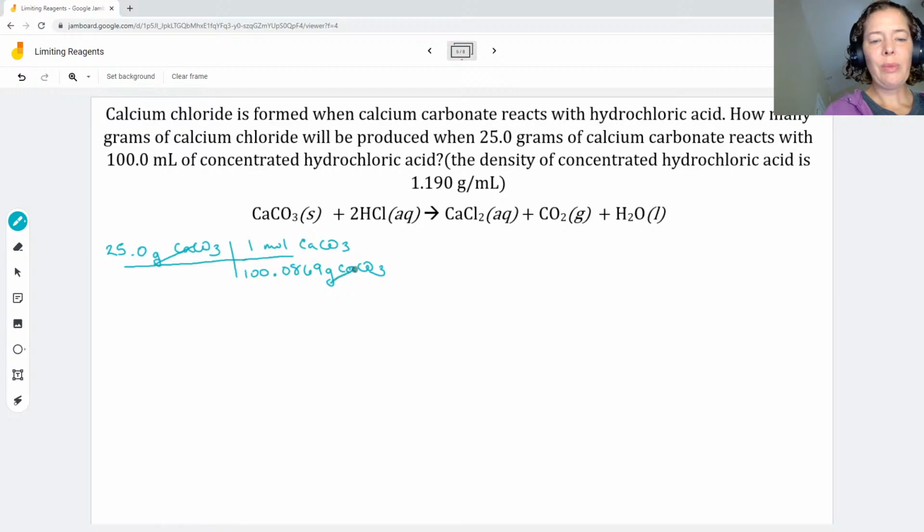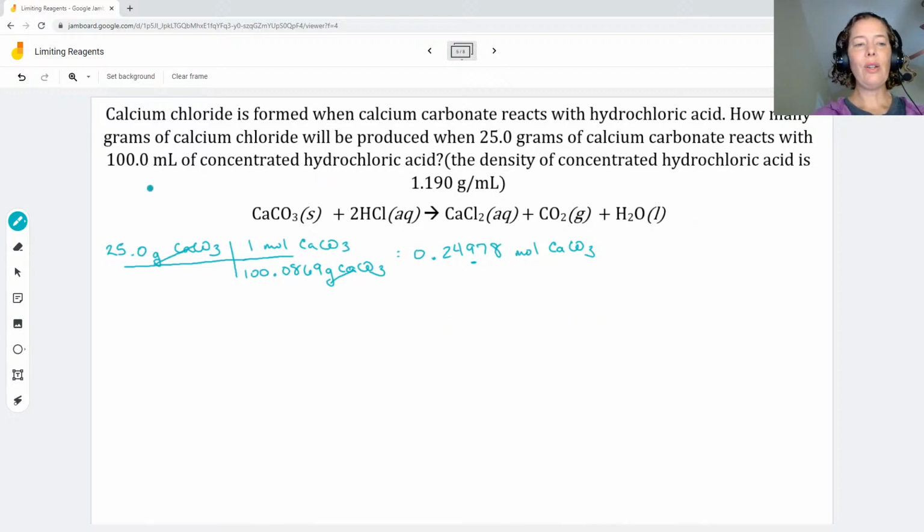Again, our grams cancel, we're left with moles, and that gives us 0.24978 moles of calcium carbonate. Okay, let's do sig figs before we move on. I have 3 sig figs here, and I have 3, 4, 5, 6, 7 sig figs down there, so I'm definitely rounding to 3 sig figs right there.